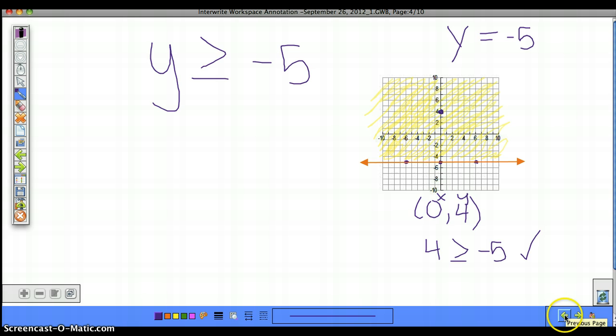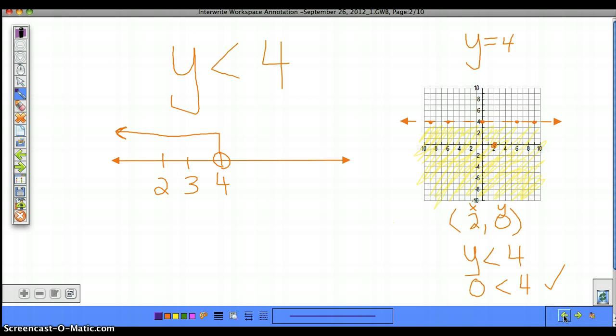Now look at the difference between the two graphs we've already graphed. On this one, we had a dotted line. So if I were to pick one of the points that's being shaded, like (6, 4), this should not work on my equation because I have a dotted line. If I plug in 4 for my y, 4 is not less than 4, so it does not work.